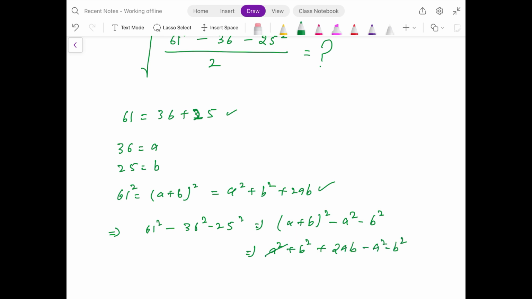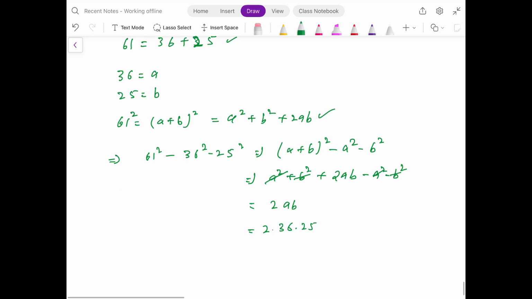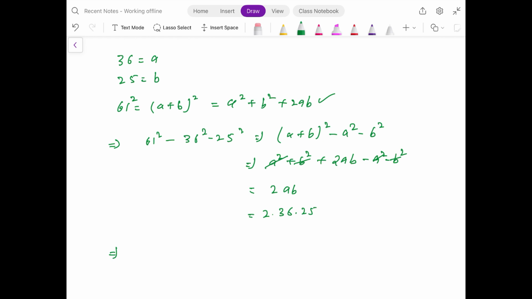So these two terms will be cancelled out and the remaining term will be 2AB, which means twice of 36 times 25. So if we put the value of 61 square minus 36 square minus 25 square, the square root becomes 2 multiplied by 36 multiplied by 25 divided by 2.